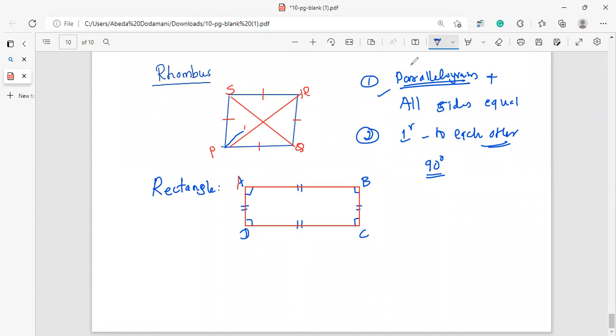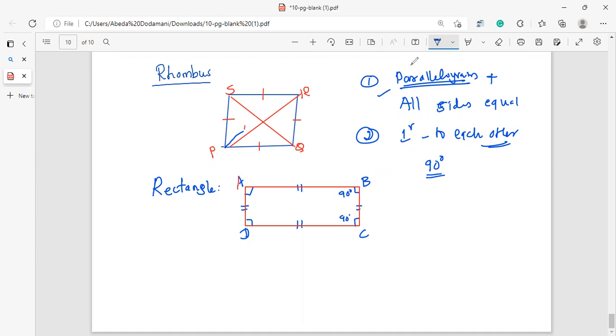That is the basic difference between the parallelogram and the rectangle. In the parallelogram there is no such specification; we only talk about the opposite angles, whereas in the rectangle all the angles are equal to 90 degrees. That is the speciality of the rectangle.